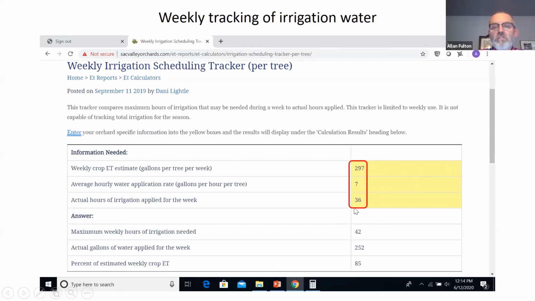It shows 36 hours applied, while the calculator estimates that to match the full ET, the 297 gallons per week per tree, we need 42 hours. It's telling us that at 36 hours of irrigation, we've applied 250 gallons per tree, which is about 85% of the estimated weekly crop ET.